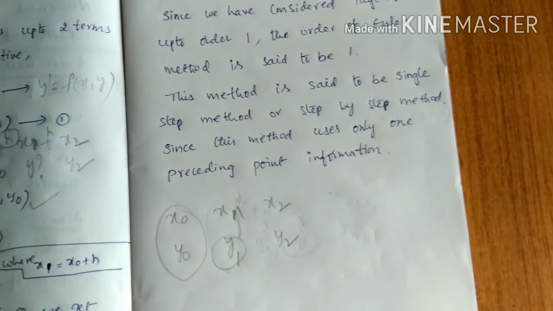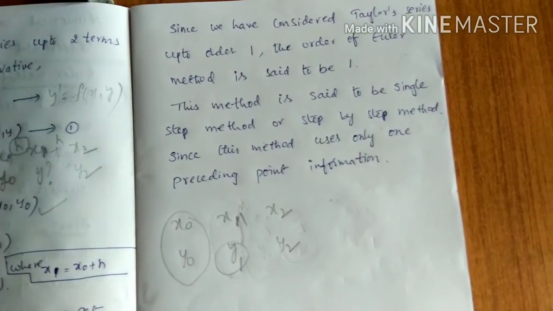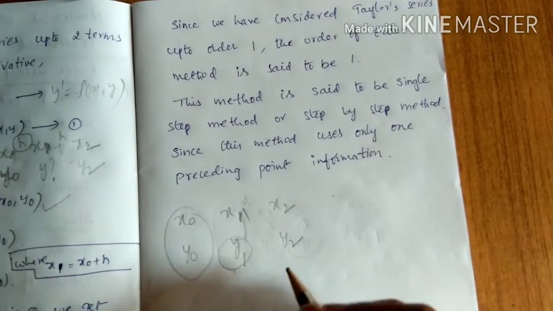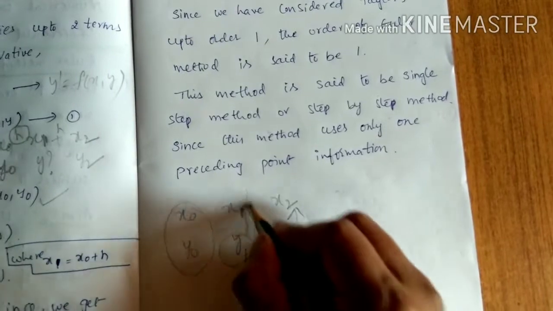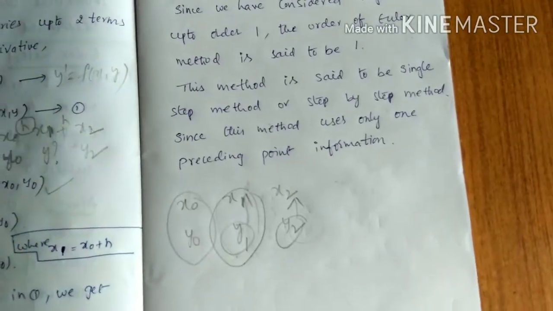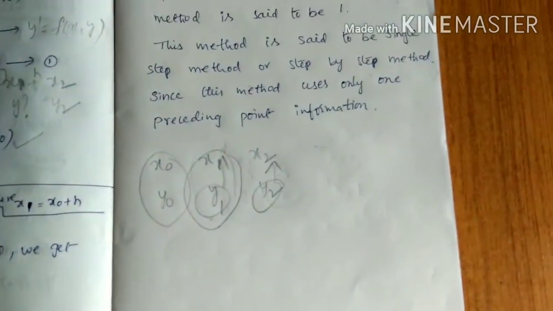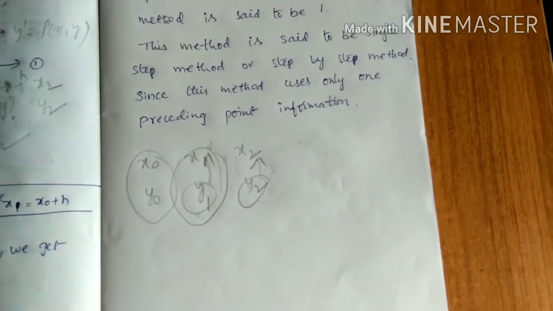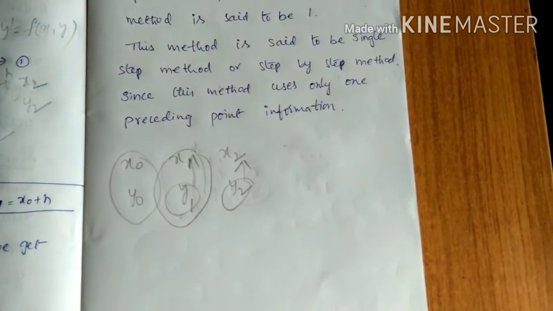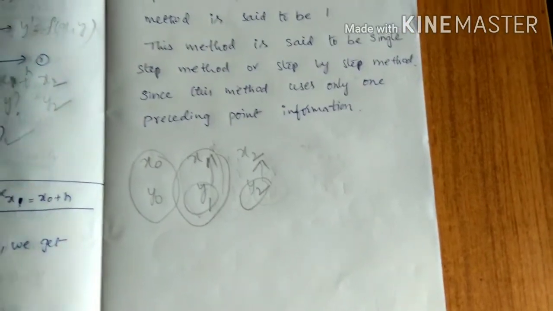Only one preceding point information is used here. Similarly, to find y2 at x2, we use x1, y1. That means again we use one preceding point information. Hence, it is said to be step by step or single step method.